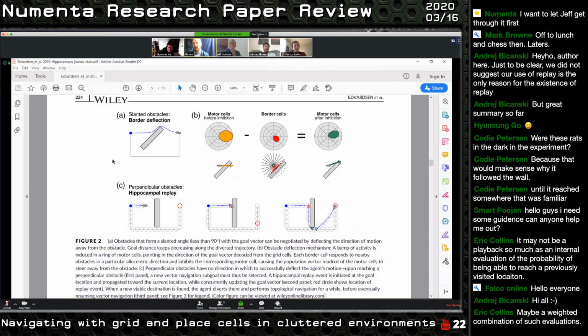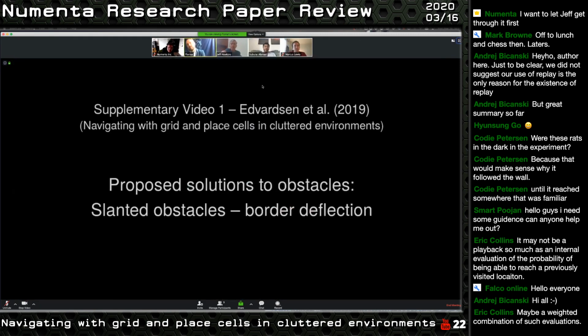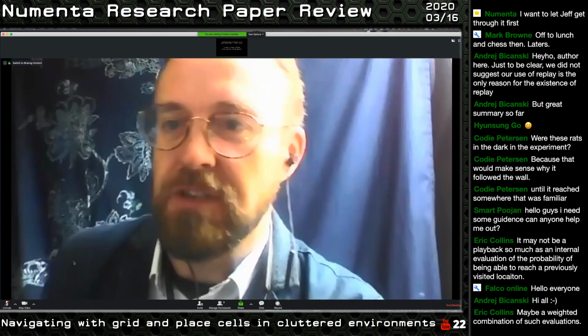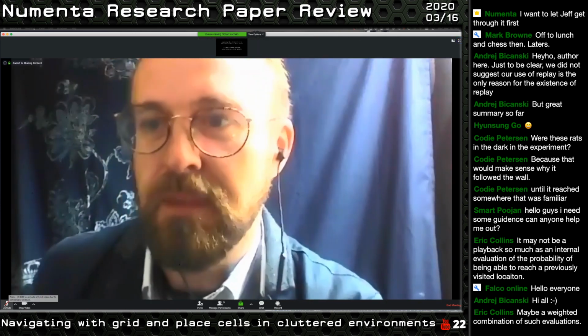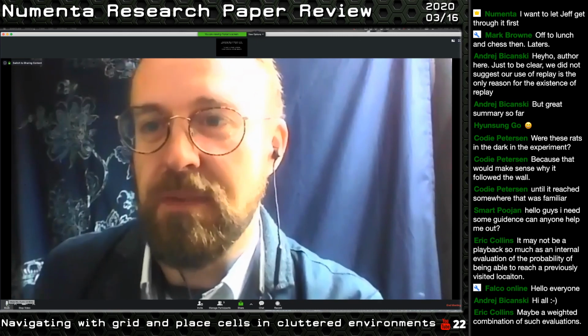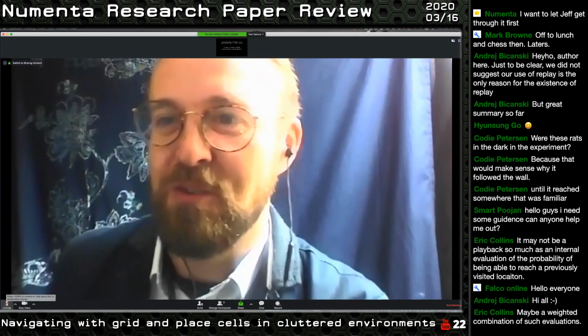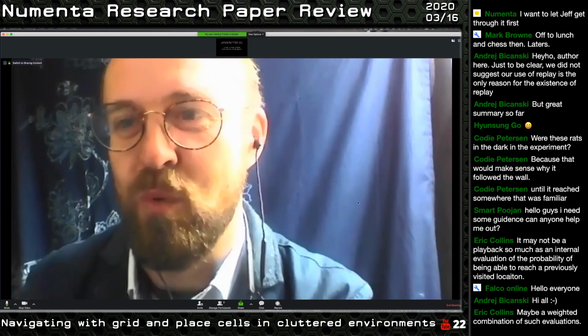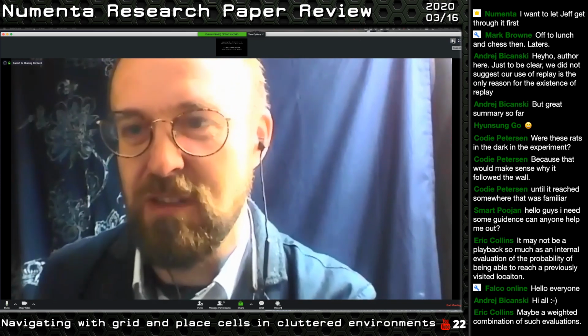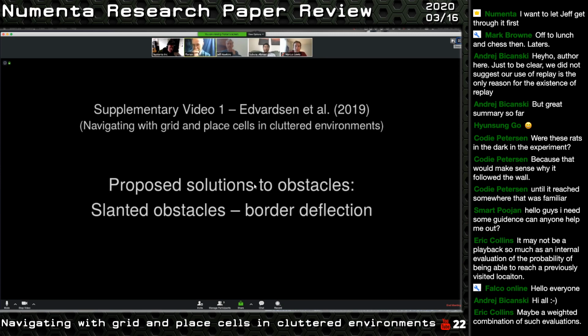The key thing is that they take the grid cells along during the replay, which allows for continued vector navigation. So you don't have to choose between two strategies, but you can actually alternate between them. Obviously, much of that is based on that very brief Ólafsdóttir paper, which I still have a lot of questions about in terms of how well they actually show grid cell replay. But we can talk about that some other time.